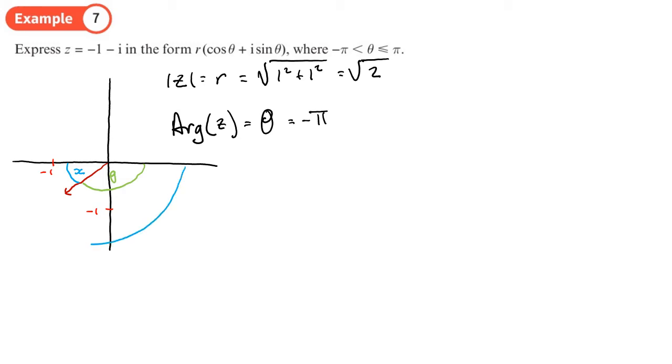So all the way around to there is negative pi plus x. There are other ways of doing it, but this time I'll do negative pi plus x to work out what the angle is. You could just work out the angle and then put a negative sign in front of it.